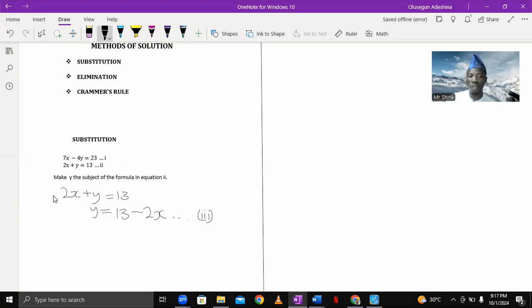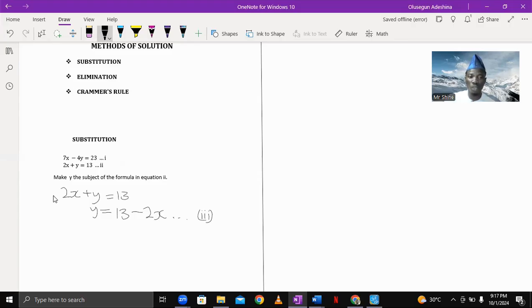And why are we doing that? Why are we replacing y in equation 1? It is because we derived this new equation in y from equation 2. So it is time for us to put that into equation 1.